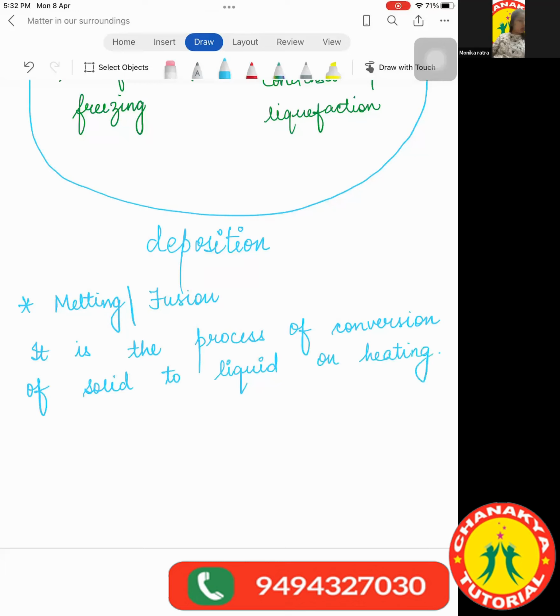When we heat a solid, then it gets converted into the liquid state, and we call this process melting or fusion. Both the terms are the same.